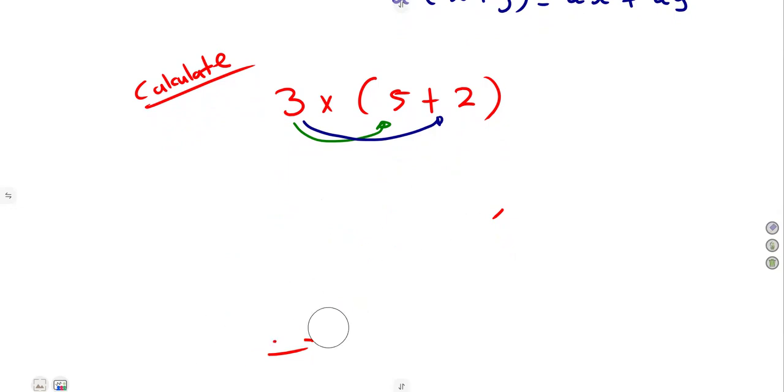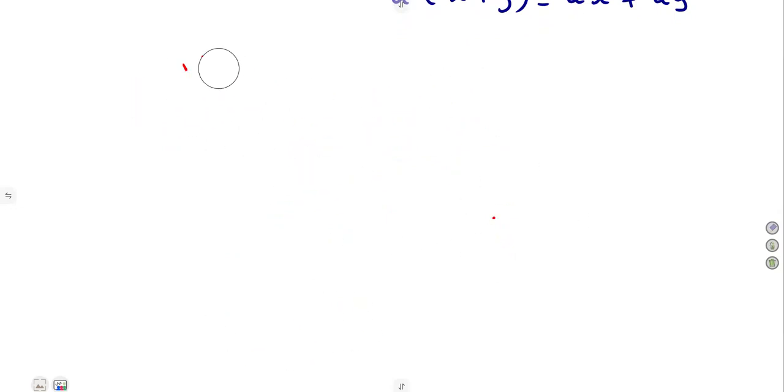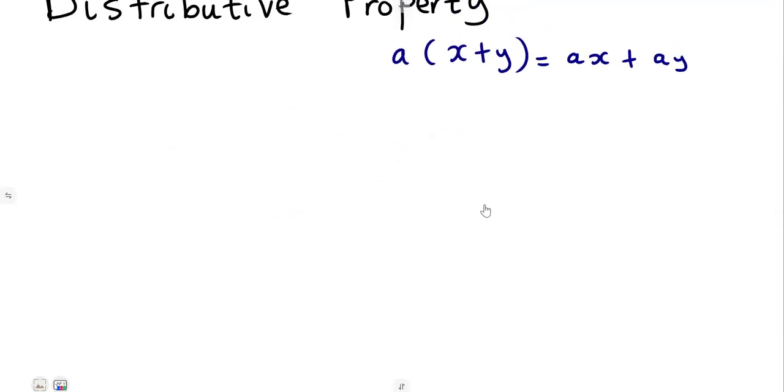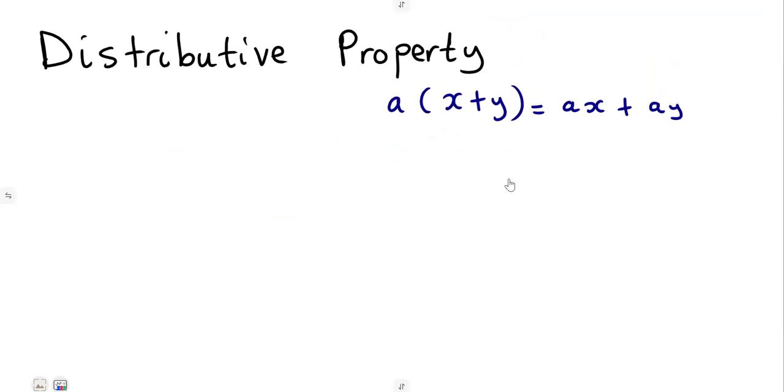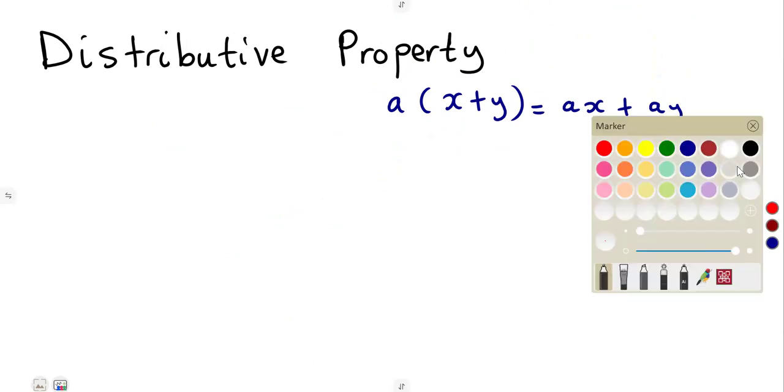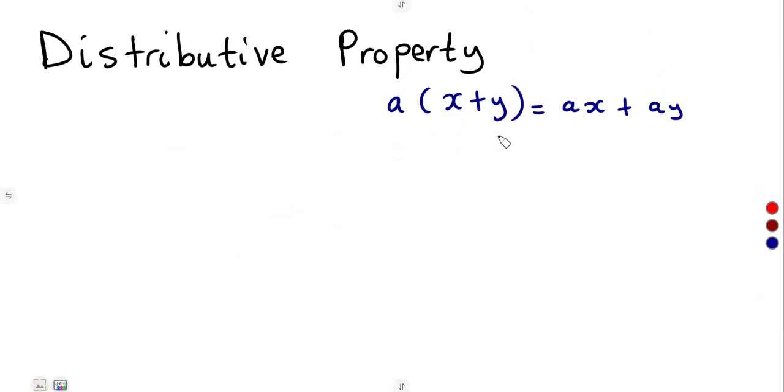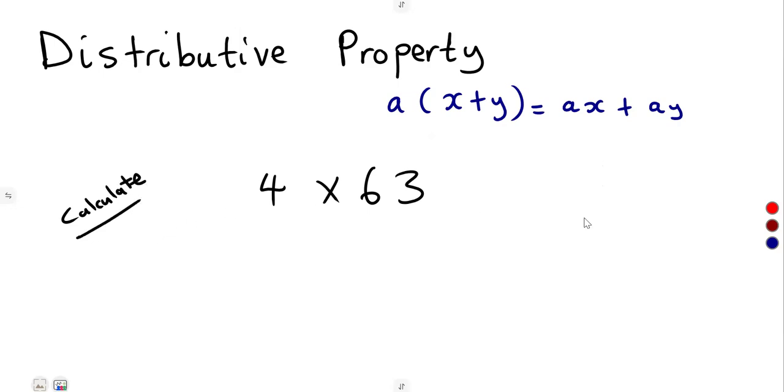Sometimes it is used to evaluate expansions which are difficult for you to multiply directly. When the calculator is not required on that question, they want you to apply the distributive property. For example, 4 times 63, multiply this without using a calculator. What can I do? I can expand the bigger value, which is the 63.